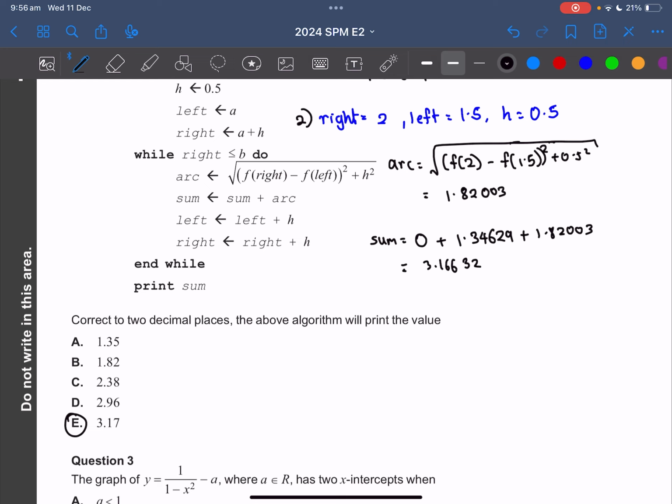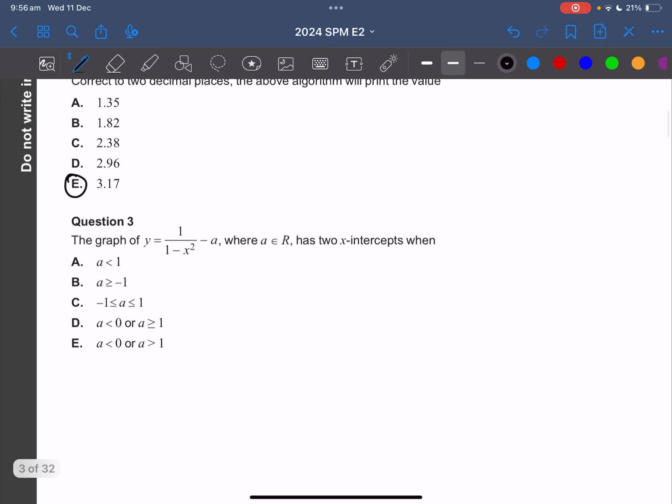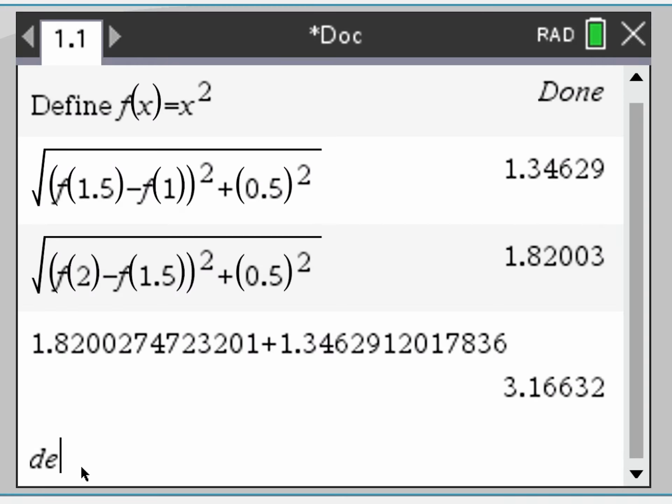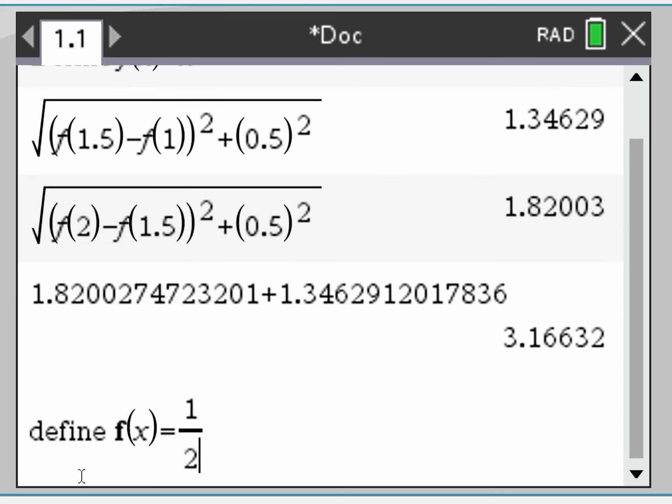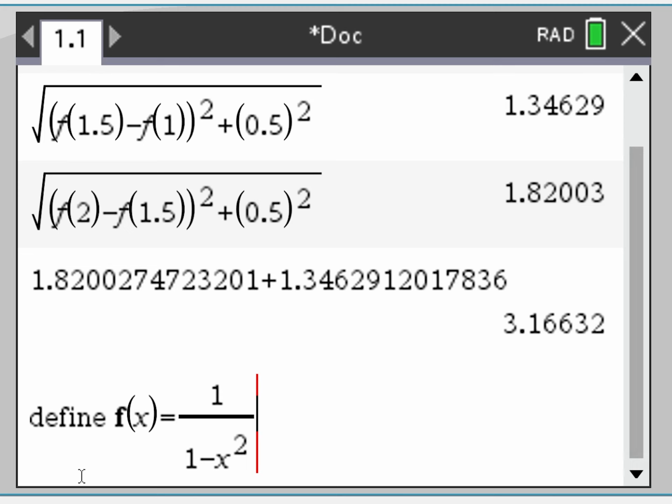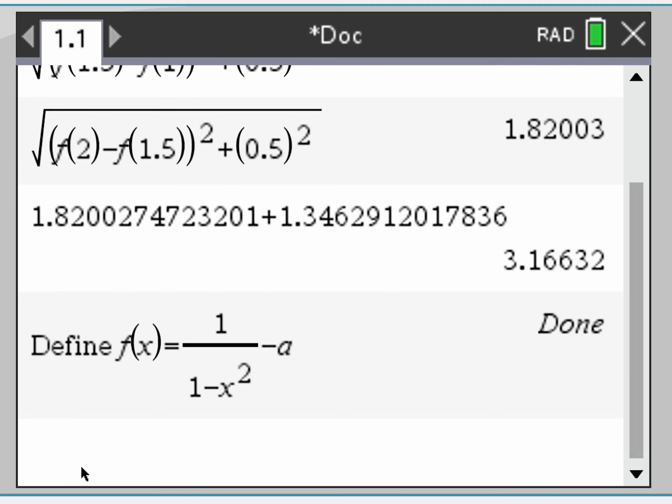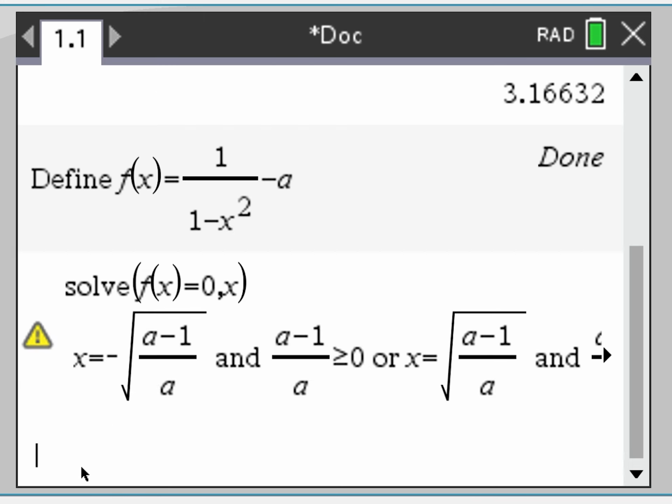Okay, so question number 3, the graph of this has 2 intercepts when? I guess we have to do this question on CAS as well. So let's define our f of x equals 1 on 1 minus x squared, and then take away a. Let's find the x-intercepts first. So f of x equals 0.